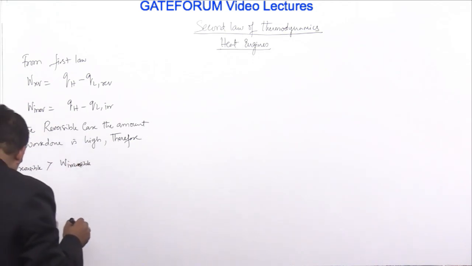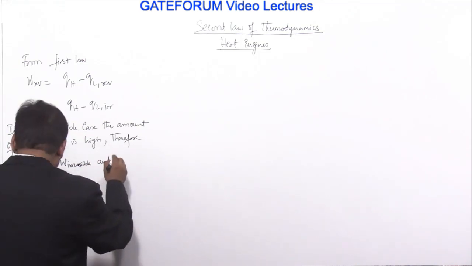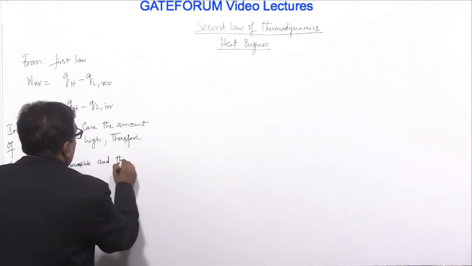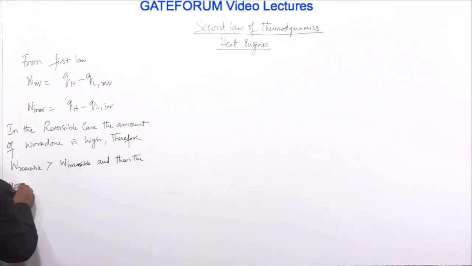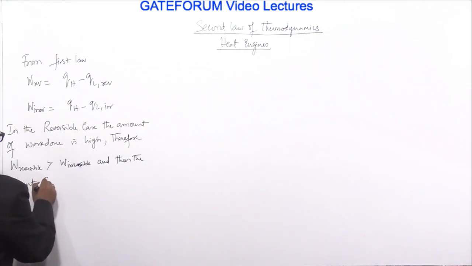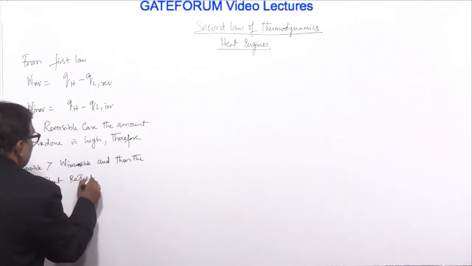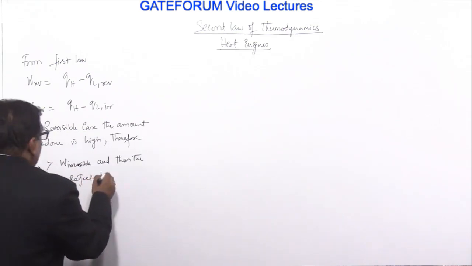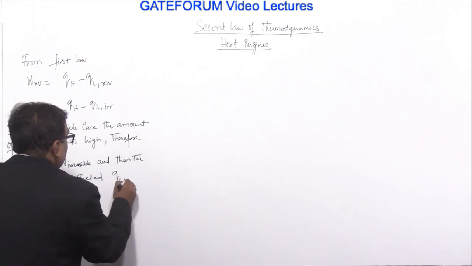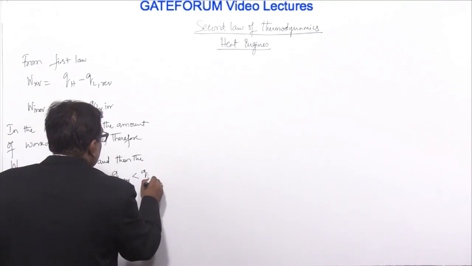W reversible is greater than W irreversible, and see also here, the amount of heat rejected, what will it be here? Heat rejected will be less, correct? The amount of heat rejected, QL reversible, is less than QL irreversible, correct? Why?